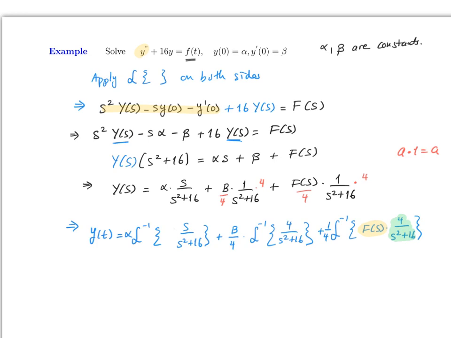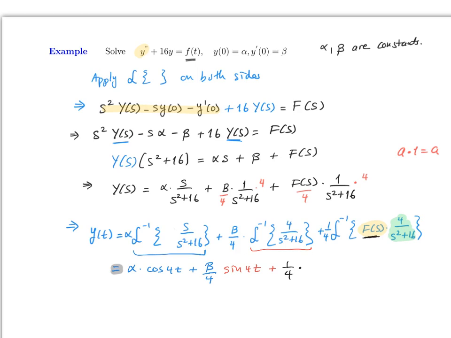If you look to the table, you should see right away that alpha times all of this is just cosine 4t. Then you have beta over 4. This one is sine 4t. And then you'll have the 1/4.